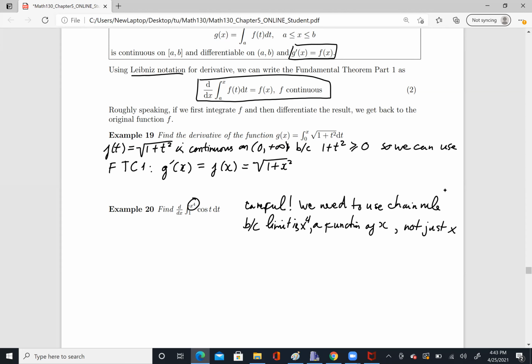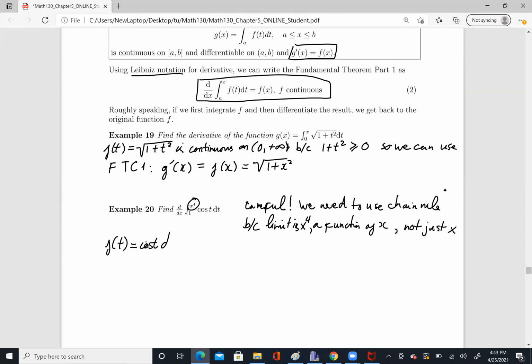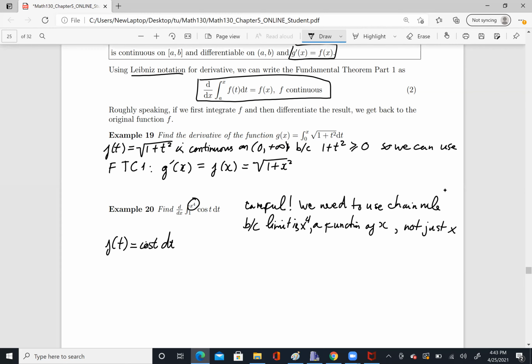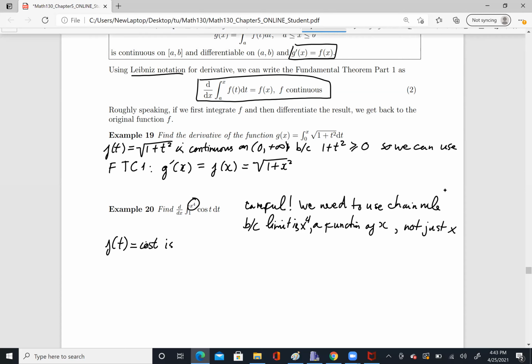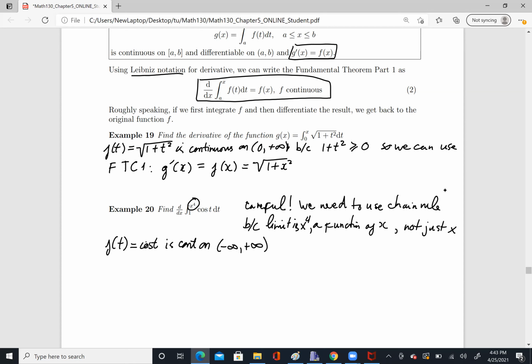And so we have f(t) in here is cosine t only. And this function is continuous from negative infinity to positive infinity, right?